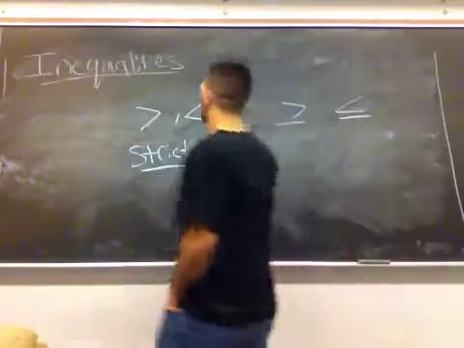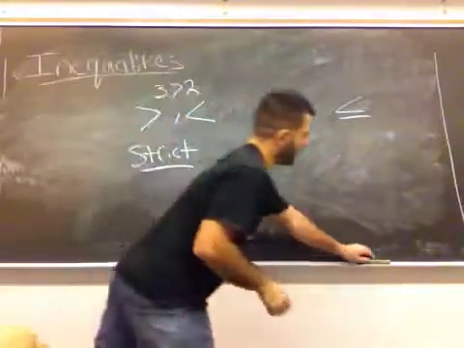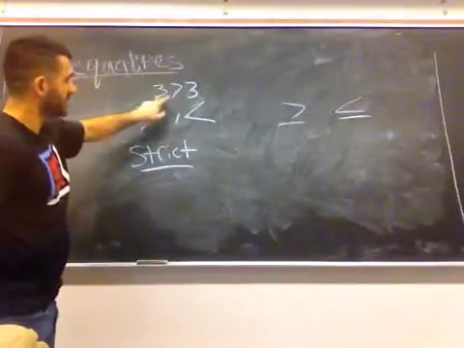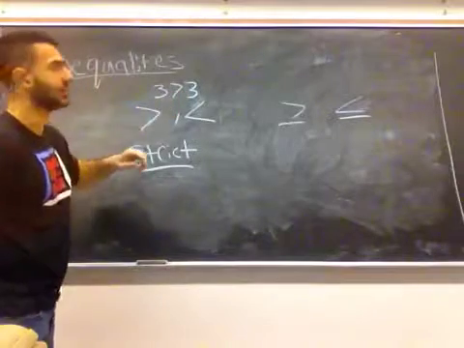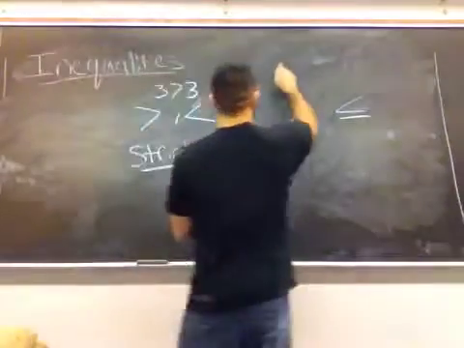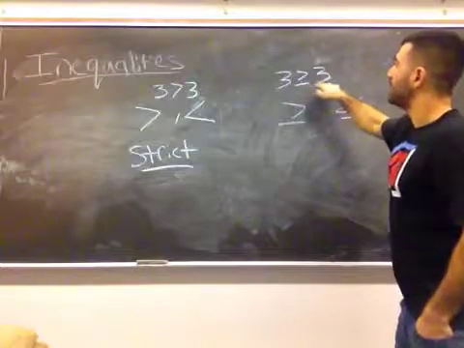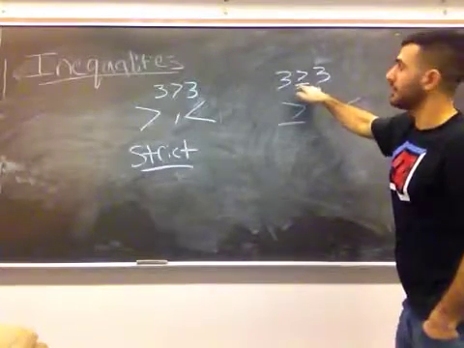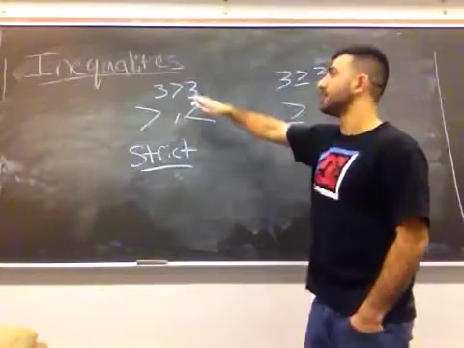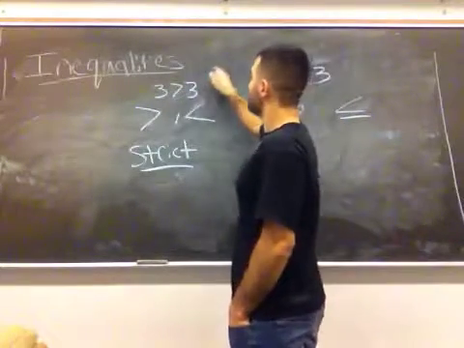Why is it strict? Because in this case, 3 greater than 3 is not true, because it does not include the equal to. For example, 3 is greater than or equal to 3 is true because we have the equal to. So a strict inequality is when you don't include the possibility of an equality, meaning that they could possibly be the same.